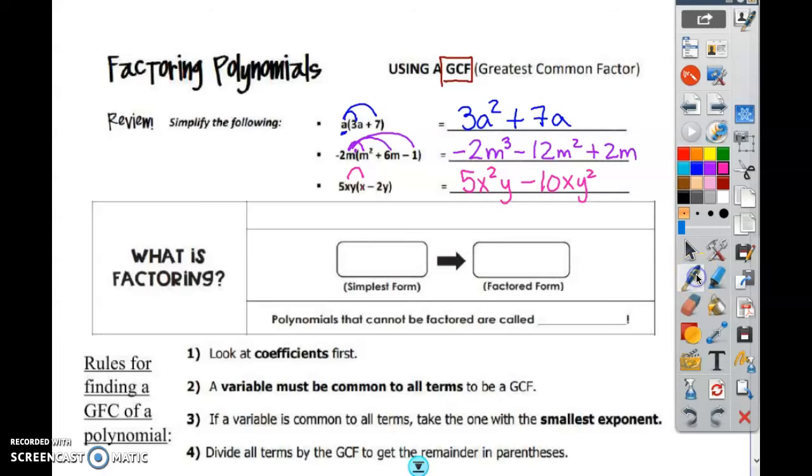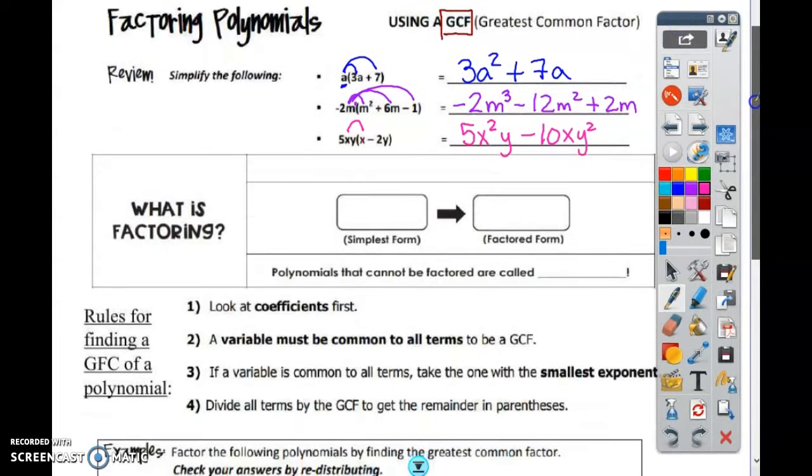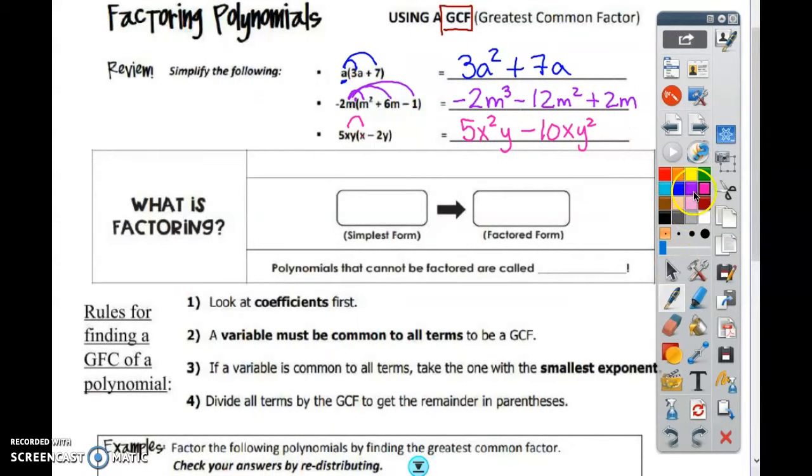Okay, so factoring. What is factoring? What do we do when we factor something out? Factoring is separating back into a product.